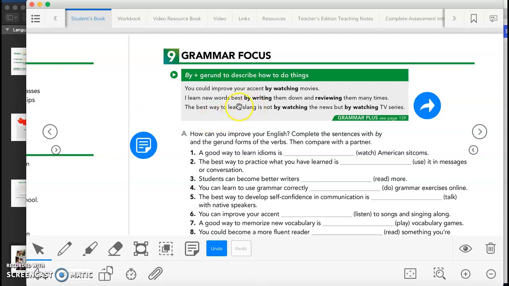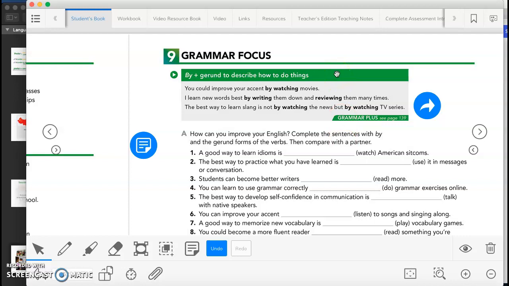So in English, this is the street slang, the things that people say, words that they cut, for example, in songs. Like in here it says that the best way to learn is not by watching the news, because in the news they are always going to speak correctly, but by watching TV series, because on TV series they are going to give you slang and phrasal verbs and all of that, basically.